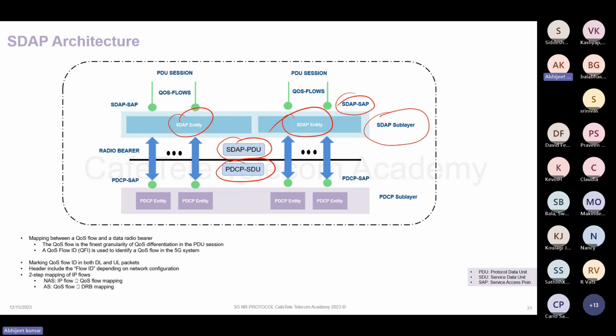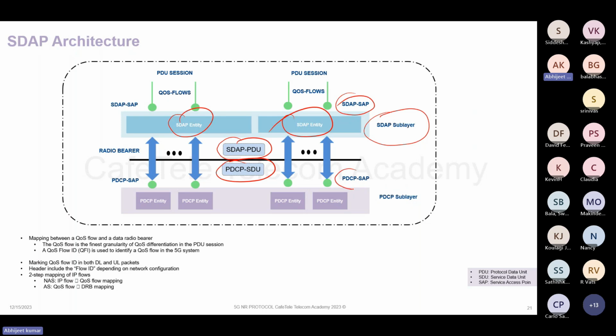So what does SDAP PDU mean? It's the protocol data unit of the SDAP layer. It encapsulates the PDCP service data unit and adds the necessary header for SDAP functionalities, like QFI and RFI, that is required.